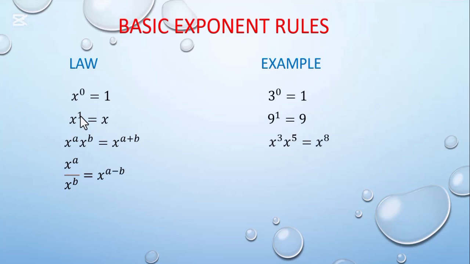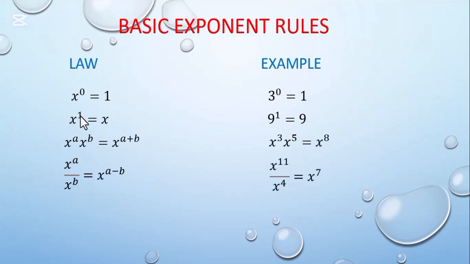Now a is positive because it's the numerator, while b is negative because it's the denominator. So the one on top, the numerator, will always be positive, while the one used to divide, the denominator, will remain negative. That's why I have a minus b.